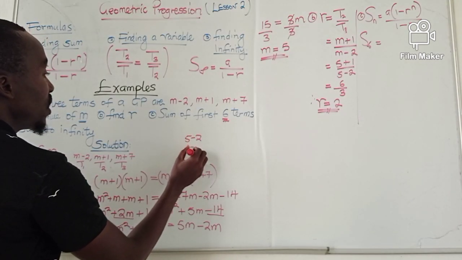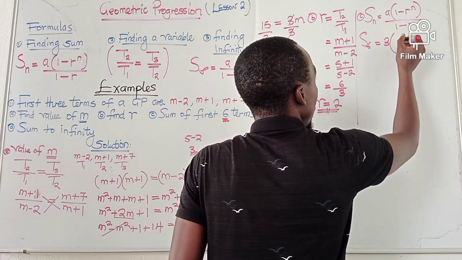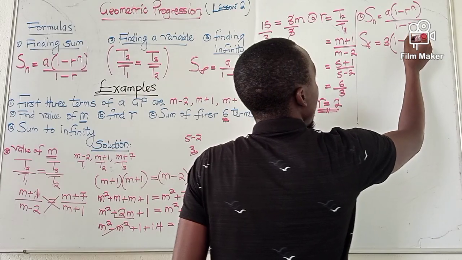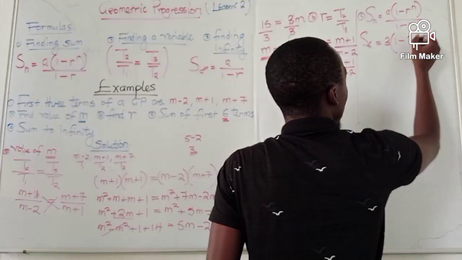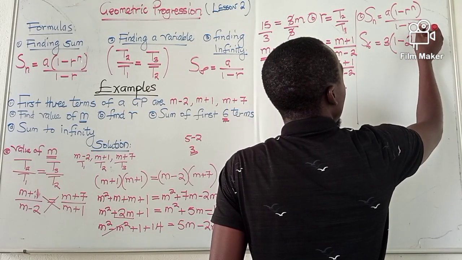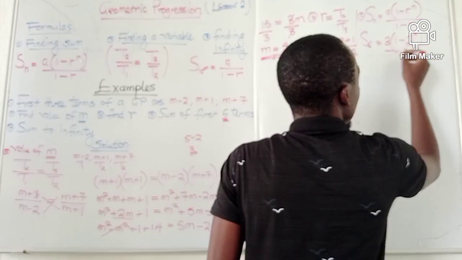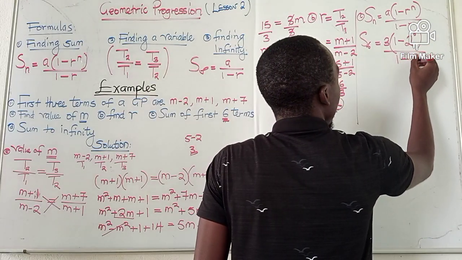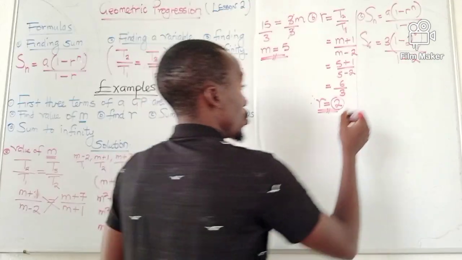So the first term is the 3. So here we are going to put 3, open brackets, 1 minus, your R is 2, there, common ratio. So we put 2 there, to the power of 6. The n is 6. So where is n? We put 6. So this is over 1 minus, the R is 2. Like that. I hope that you are following.